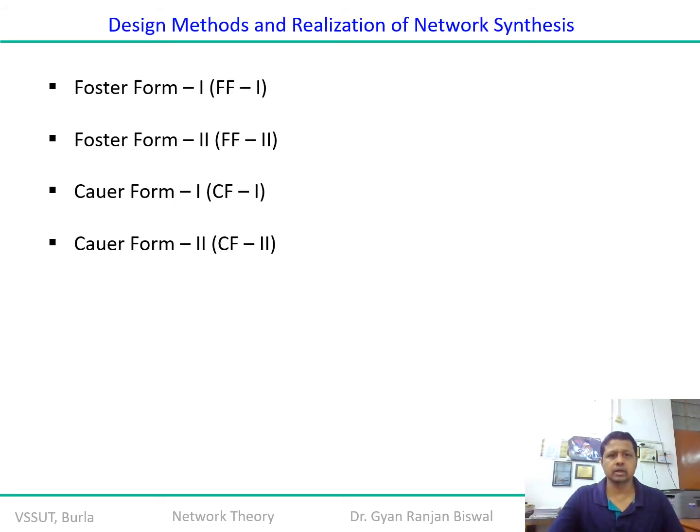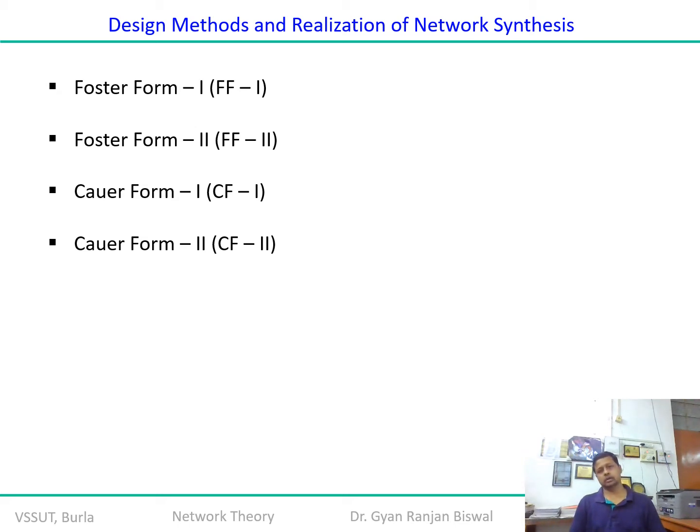Once you have fixed it, under the head of the syllabus, you must know that as far as the design and realization of network synthesis are concerned, Foster introduced one approach, and later on Cauer modified it and gave one more approach, though practically both can be used one after the other, depending on your design requirement.